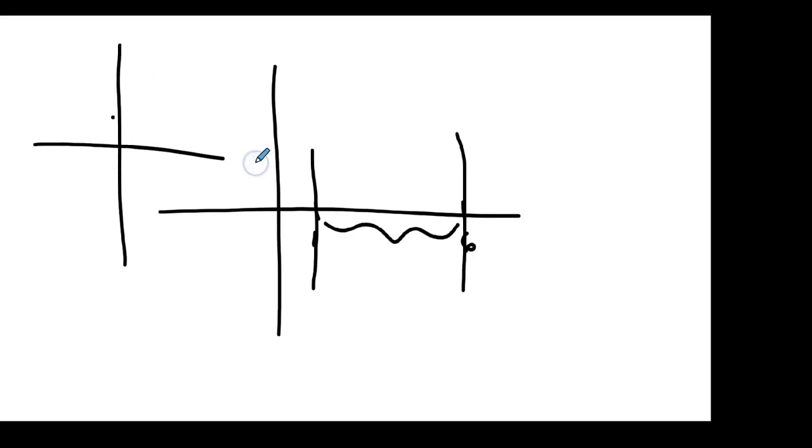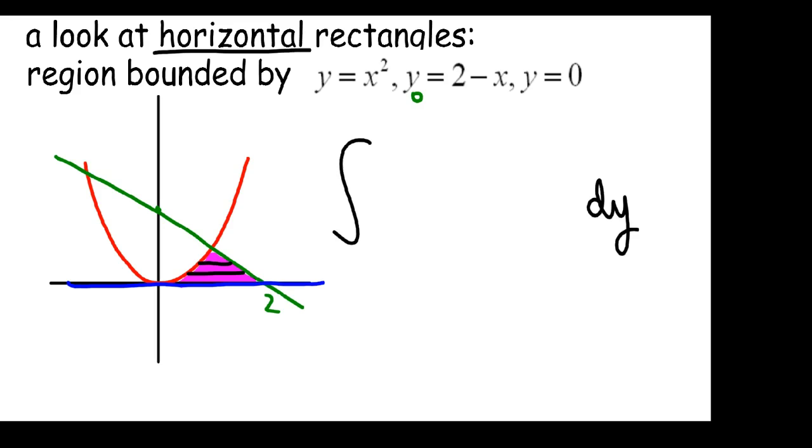Just like if we were going from here to here, you say top minus bottom. The reason is the top is bigger than the bottom. The higher up you go, the bigger the number is. So when you're using horizontal rectangles, to find the height of the rectangle, it's right minus left. Always, always, always. Okay? Excellent question.